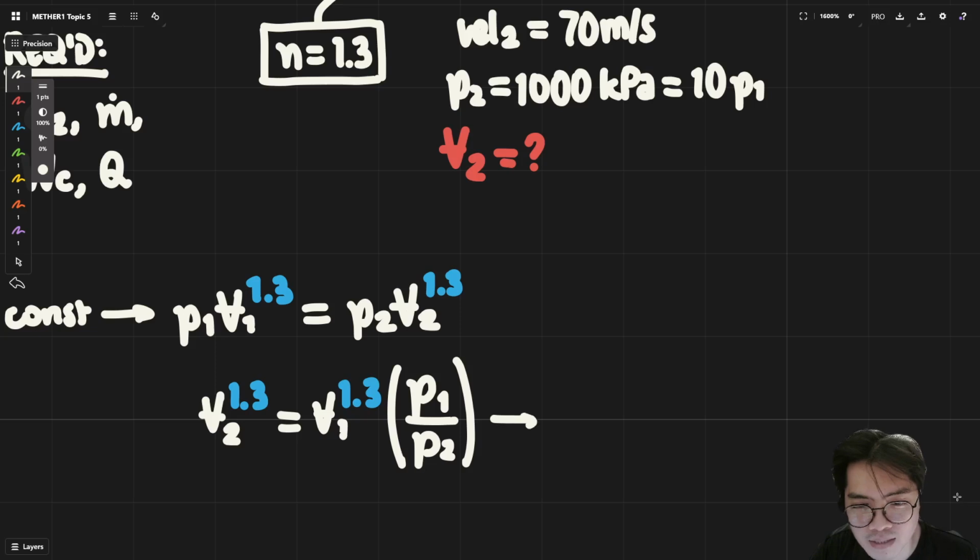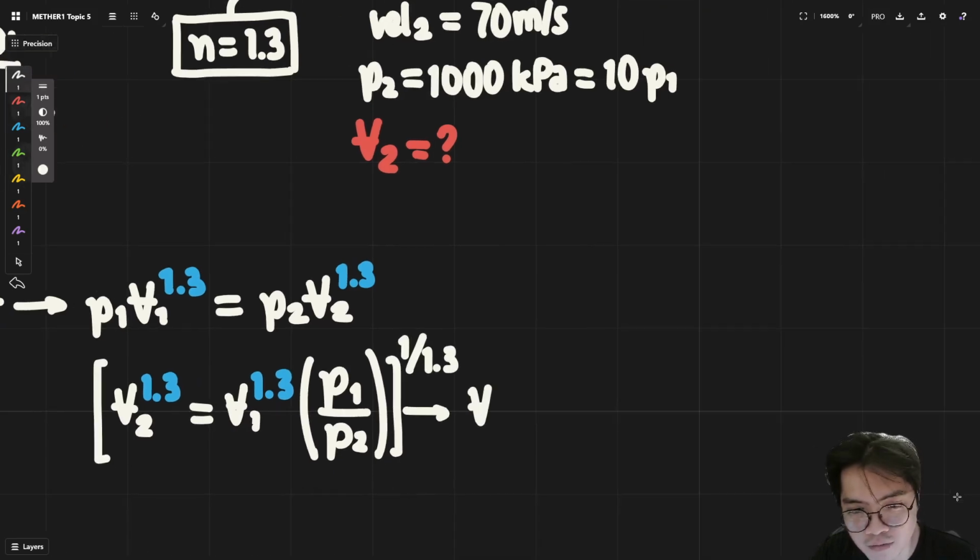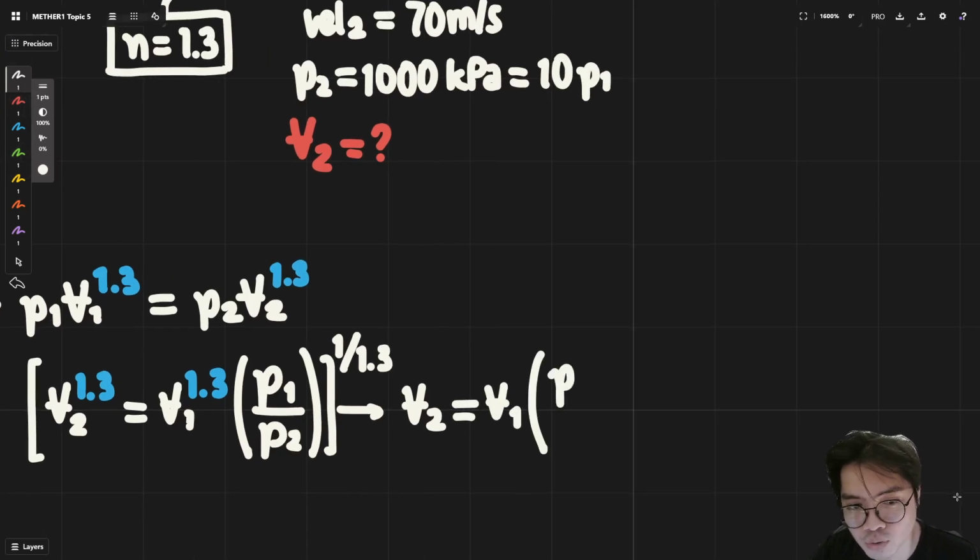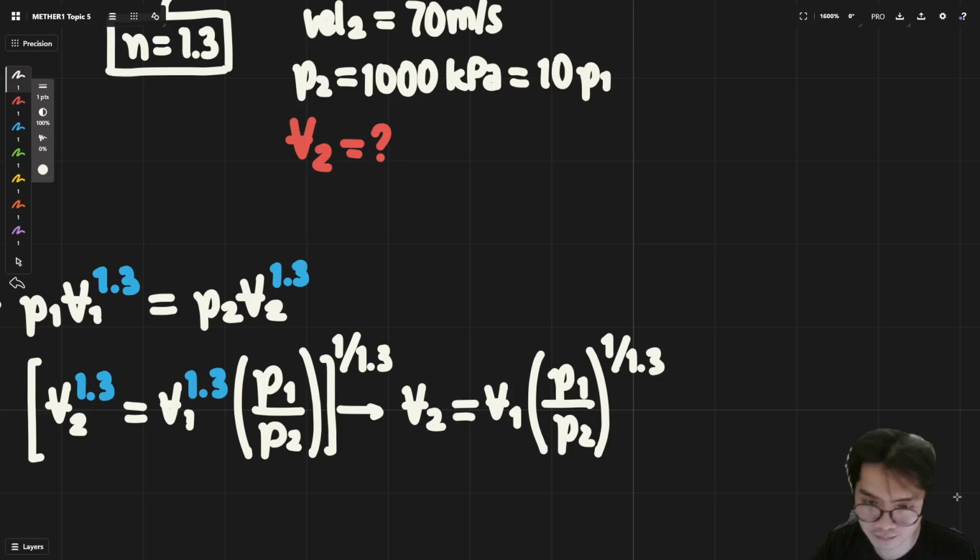So that means that if I raise both sides to 1 over 1.3, we will just get the value of V̇2, which is equal to V̇1 times P1 over P2 raised to 1 over 1.3.